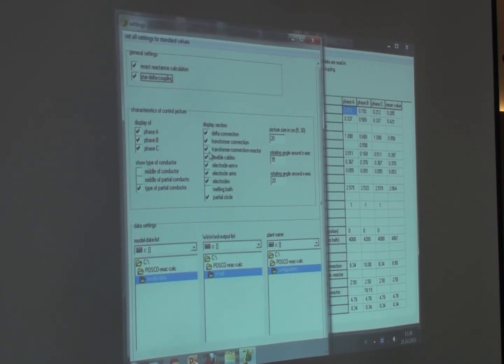we do not need to calculate 9 currents. We reduce the system to 3 current loops, A, B, and C, and we make an equation to solve these 3 current loops.